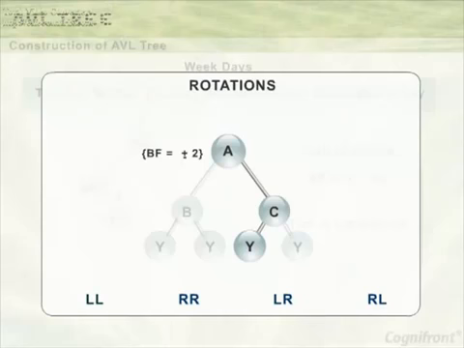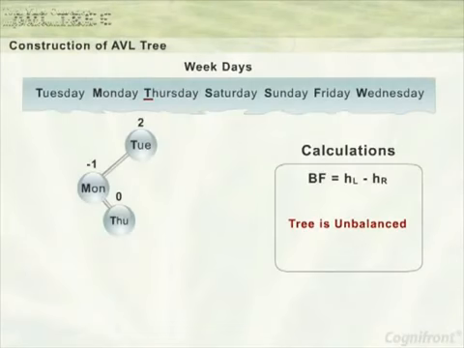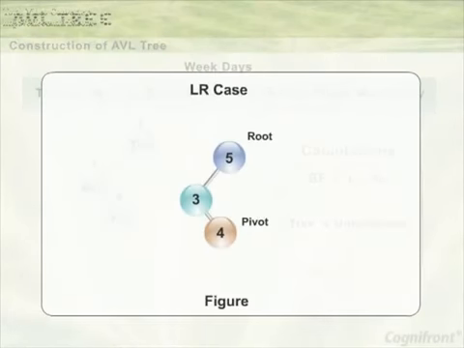Now let's come back to the example. The balance factor of Tuesday is 2. It is the ancestor of Thursday, as Thursday is inserted to the left subtree of Tuesday and to the right subtree of Monday. So, the rotation to be performed is LR. To understand the LR case, look at the figure, where 5 is the root node and 4 is the pivot.